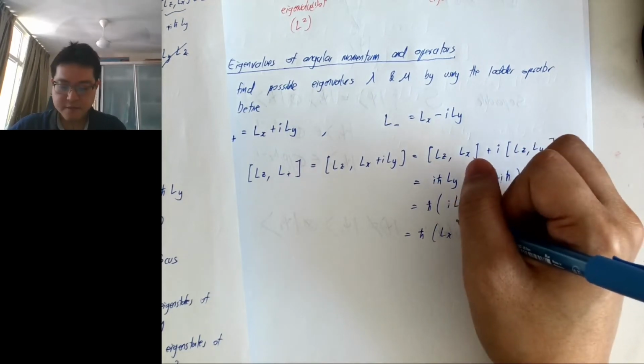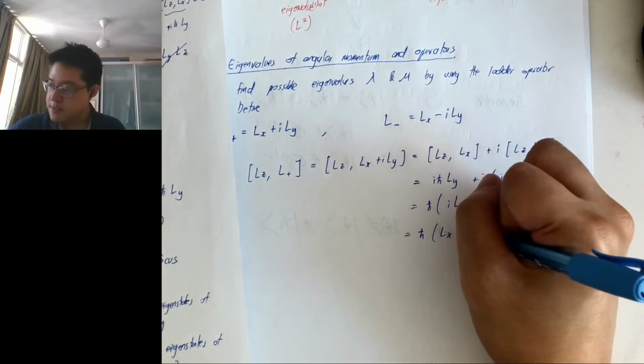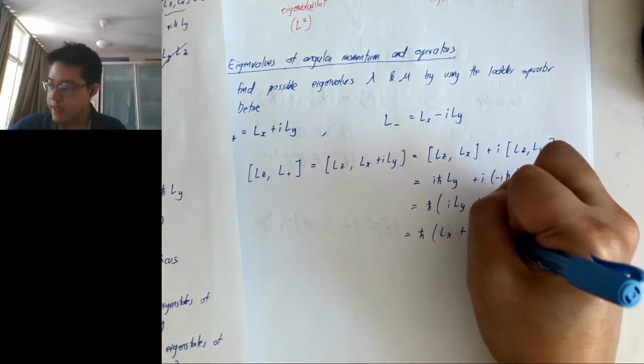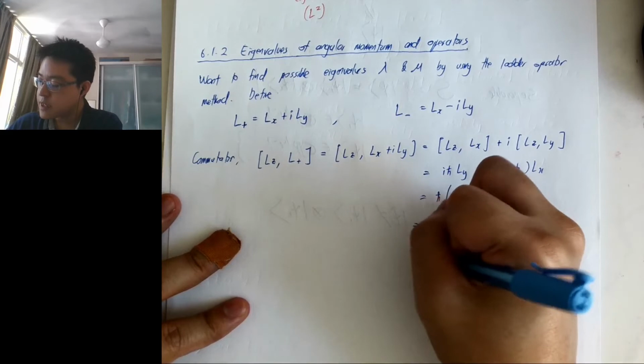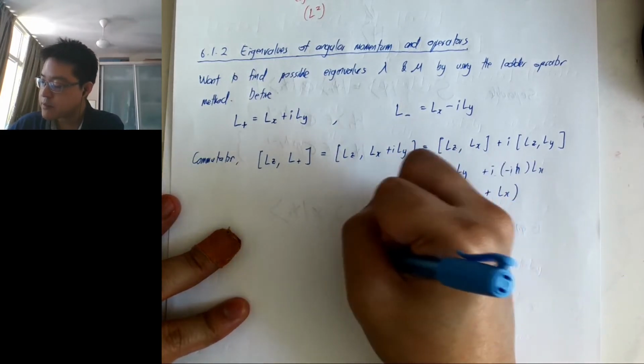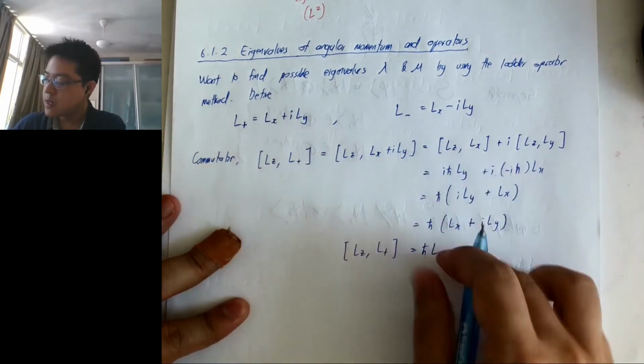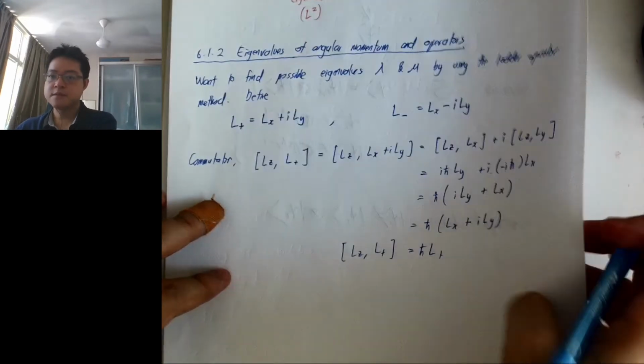Hang on a second. Plus i Ly, so we come back to L plus again. So this is hbar L plus. So the commutator between Lz and L plus gives you back hbar L plus.